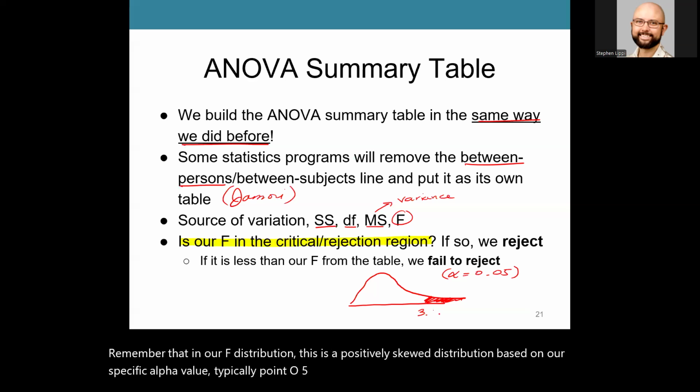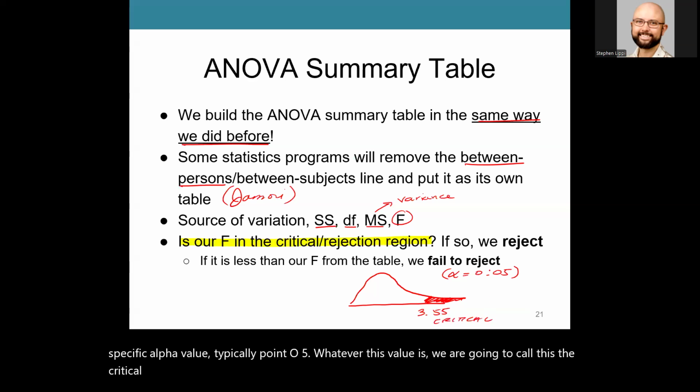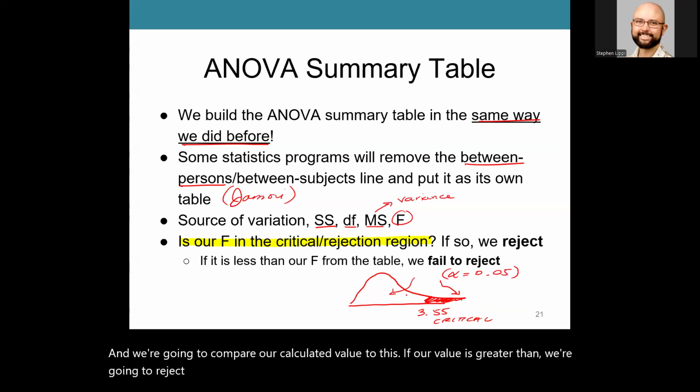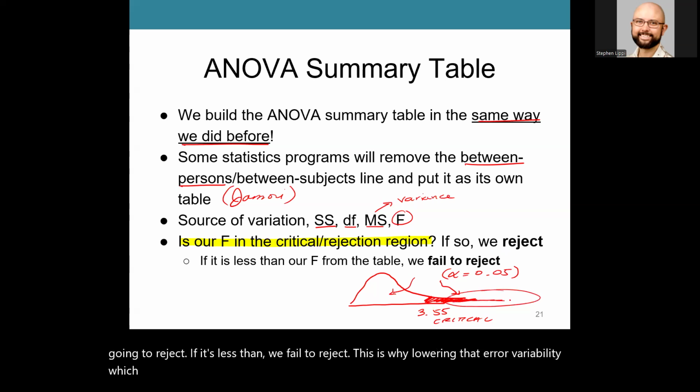Whatever this value is, we are going to call this the critical value. And we're going to compare our calculated value to this. If our value is greater, then we're going to reject. If it's less than, we fail to reject. This is why lowering that error variability, which puts our F value further out to the right, is so important. It adds that power.